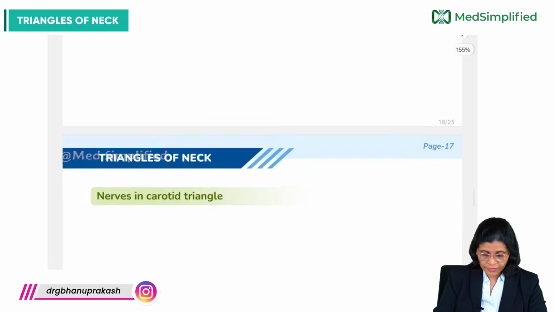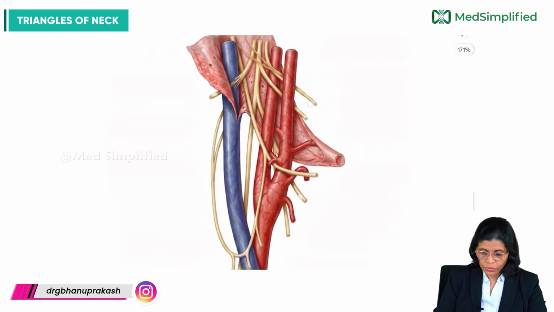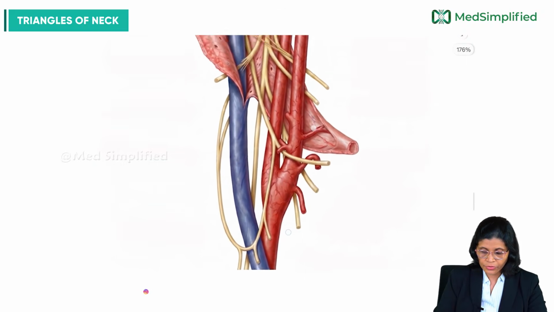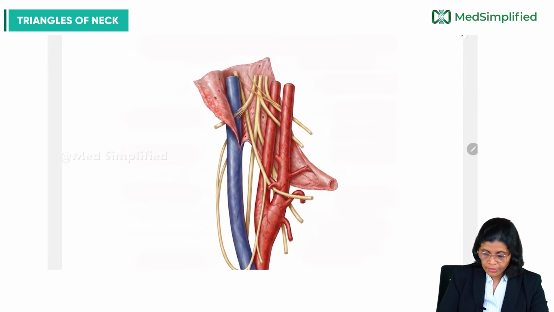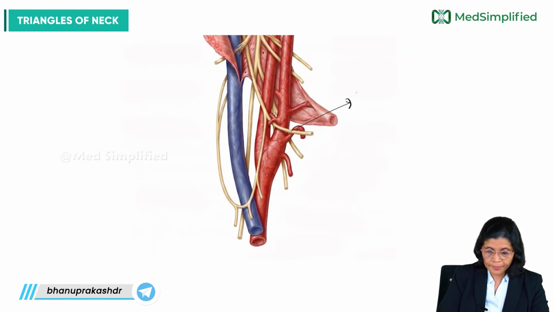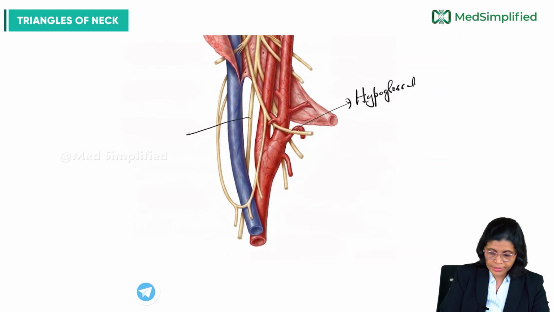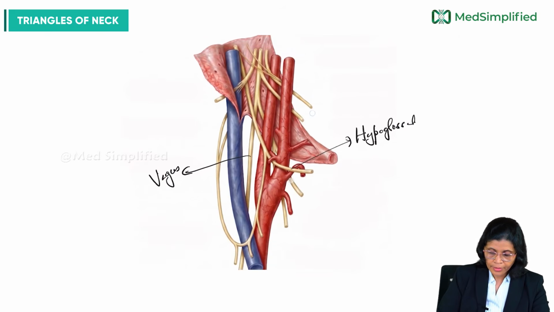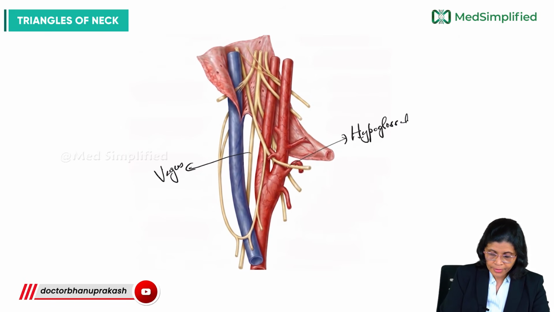The nerves which we can see mainly, this is a closer view of the nerves in this region. So we can see the hypoglossal nerve. We see the vagus. Here we can see the spinal accessory.